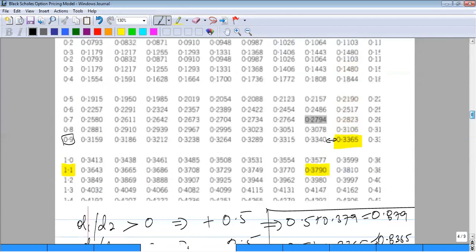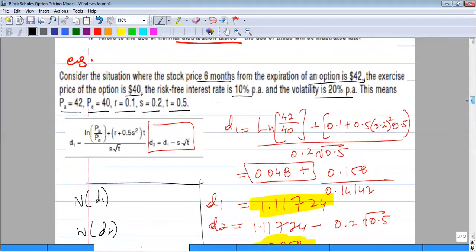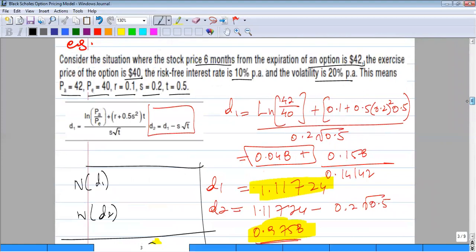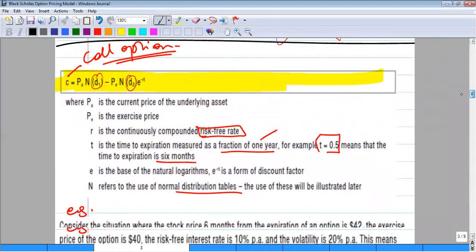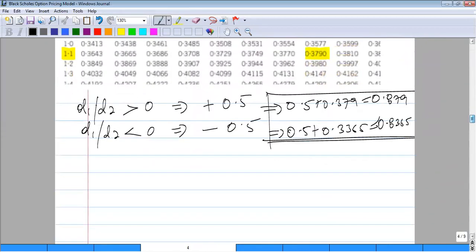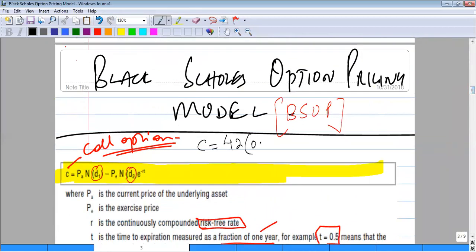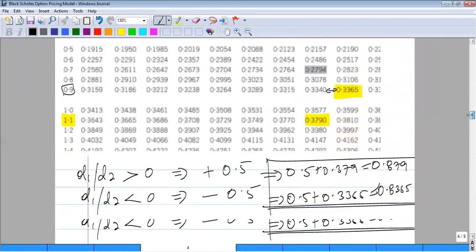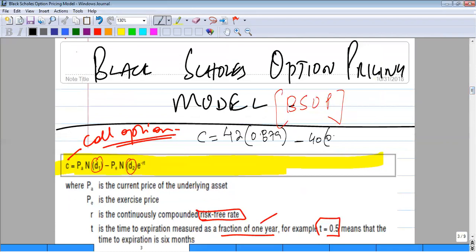Now, what next? We need to calculate the value of the call option using this formula. It is going to be the stock price of 42, multiplied by N(D1) which has a value of 0.879. Then you have the minus sign, and the exercise price of 40, and then you've got N(D2), which is 0.8365, and then you need to multiply it with the exponential power of minus 0.5 into 0.1.